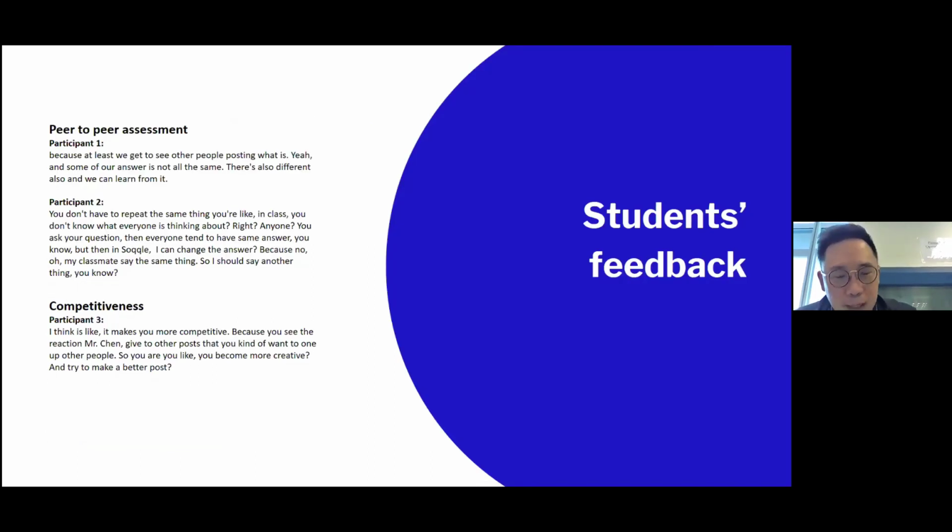So next, of course, I talked to some of the students. I think me and Daniel, and also I think Uma, some of us talked to some students to get some feedback on this. I think two interesting things emerged that are quite intriguing for me. Peer-to-peer assessment is something that I realized. The students tend to learn from each other a little bit more.